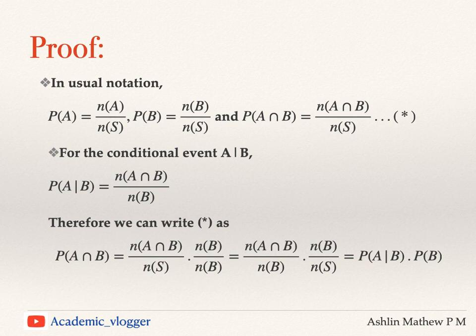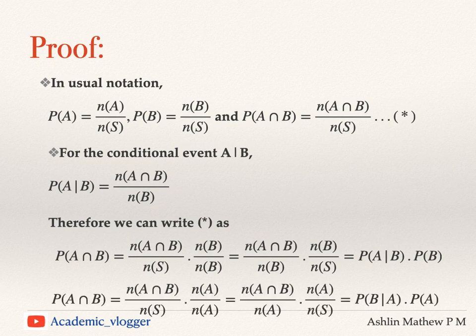From here, we know n of A intersection B divided by n of B can be written as probability of A given B, and n of B by n of S can be written as probability of B. So from there, we get probability of A intersection B as probability of A given B into probability of B. Similarly, we can write probability of A intersection B as probability of B given A into probability of A. It's the same procedure and such a simple proof for the multiplication theorem of probability.